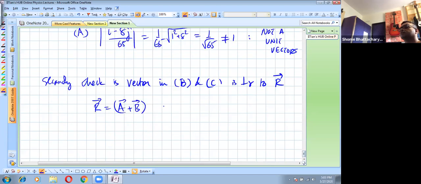So this resultant is 16 i cap plus 2 j cap.